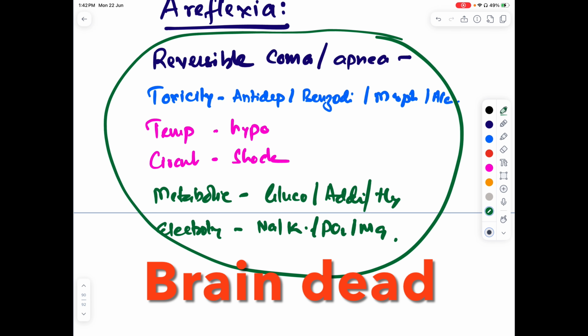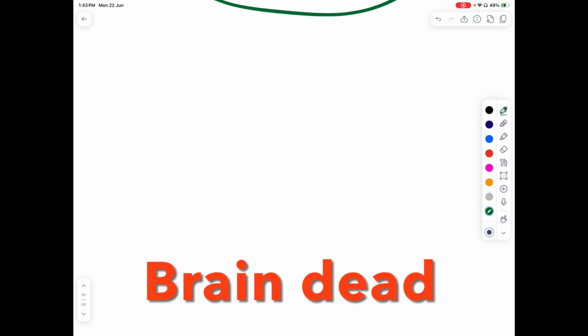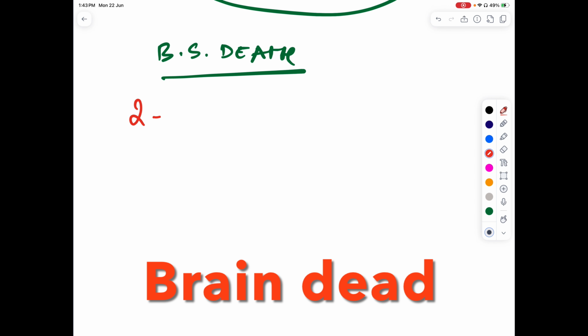Now, who is going to examine the patient for brain stem death, and who is going to declare? Two doctors, on two different occasions.